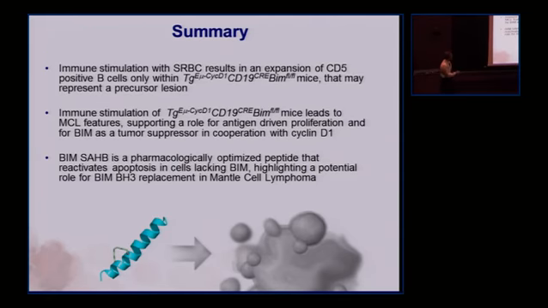This might suggest a role for both antigen-driven proliferation as well as BIM as a tumor suppressor cooperating with cyclin D1 in mantle cell lymphoma. And finally, that BIM-SAHB is a pharmacologically optimized peptide that can reactivate apoptosis in cells that lack BIM, and this highlights the potential role for BIM BH3 replacement therapy in mantle cell lymphoma.